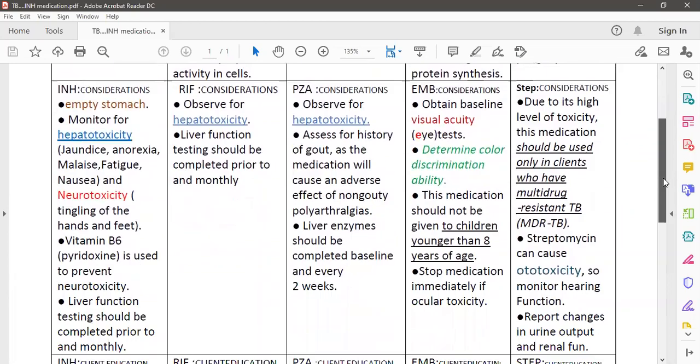Streptomycin, as I said, has a high level of toxicities. This medication should be used only for clients who have multi-drug resistant TB, where isoniazid, pyrazinamide, or other anti-TB drugs do not work. It is called resistant TB.